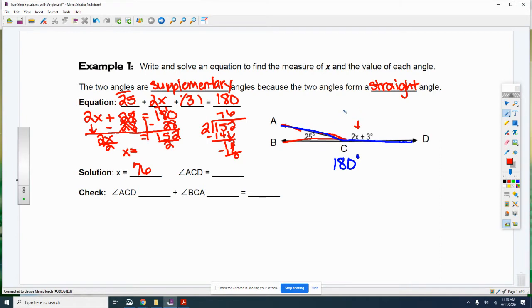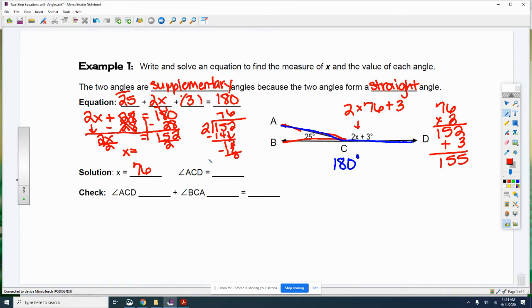So this is going to be 2 times 76 plus 3. So I have 76 times 2, which gives me the 152 that we had earlier right here. And then I have to add 3 to it, which gives me 155.